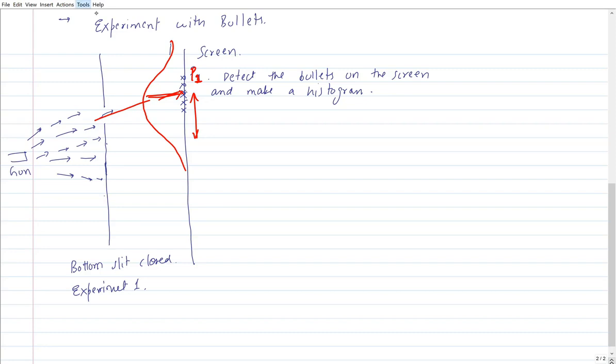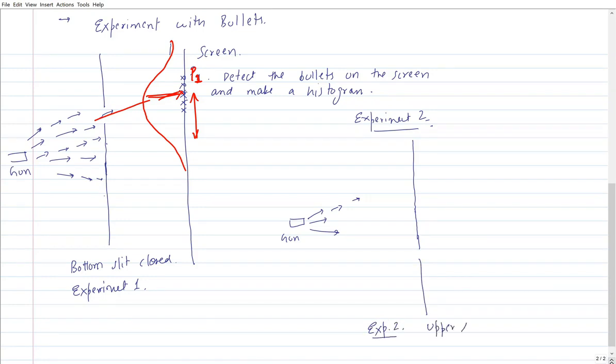So what do I do with experiment 2? For my experiment 2, I close the upper slit and I have the same gun. It's a gun spraying bullets at random. And I close the upper slit. This is experiment 2. Upper slit closed.